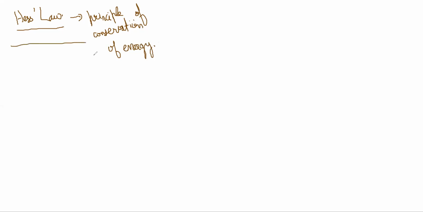So normal rules you can follow and try to figure out what the enthalpy is, right? Now, that is Hess's law. It's basically a principle of conservation of energy only. Energy in a reaction will not be created from nowhere. Okay, so that is there.